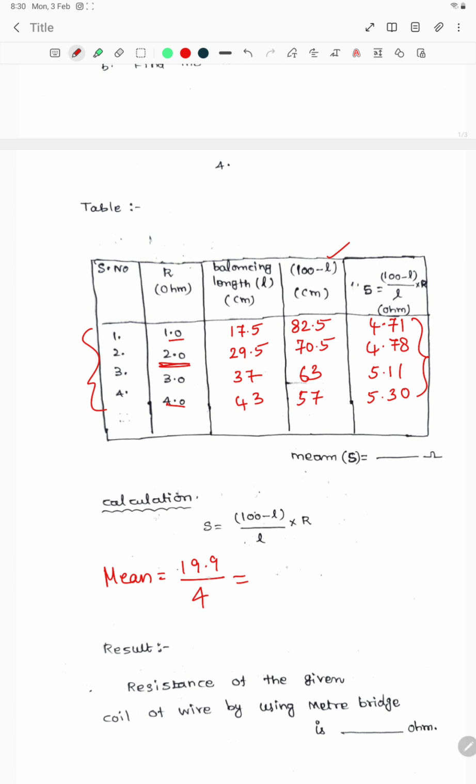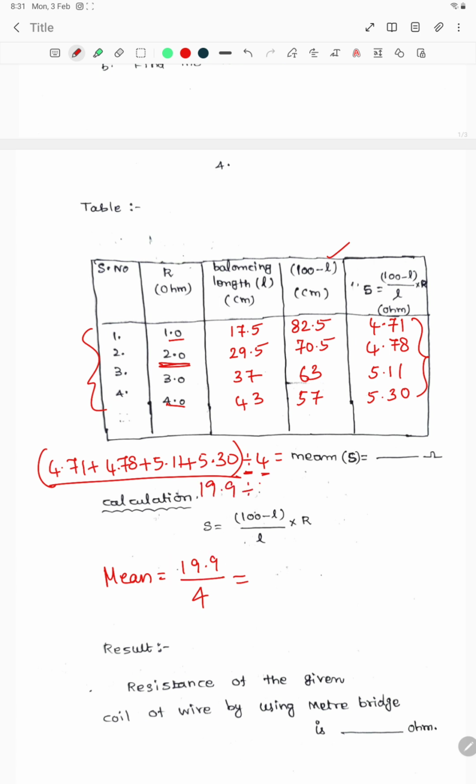If you are not using the bracket, you will not get the proper reading. If you write 4.71 plus 4.78 plus 5.11 plus 5.30 divided by 4 and press equal to, only the last value will be divided by 4 and the rest will just be added up. Instead you have to use a bracket and then divide by 4, or else you find this value, which is 19.9, and then divide by 4.